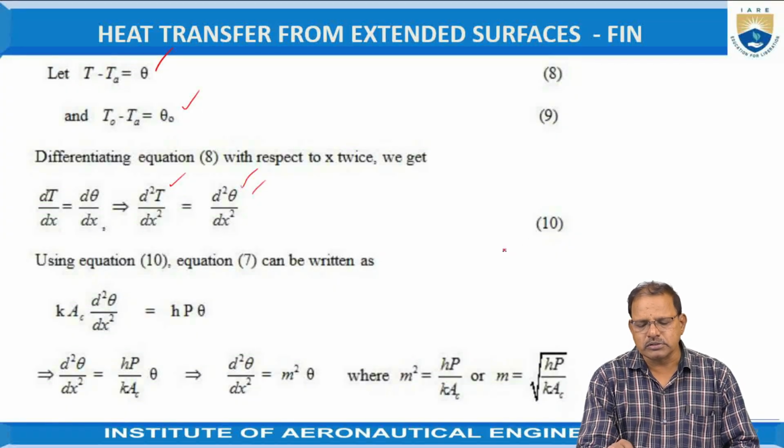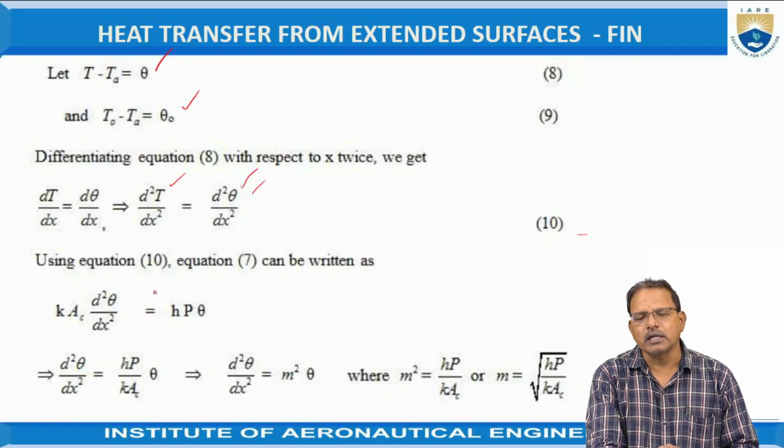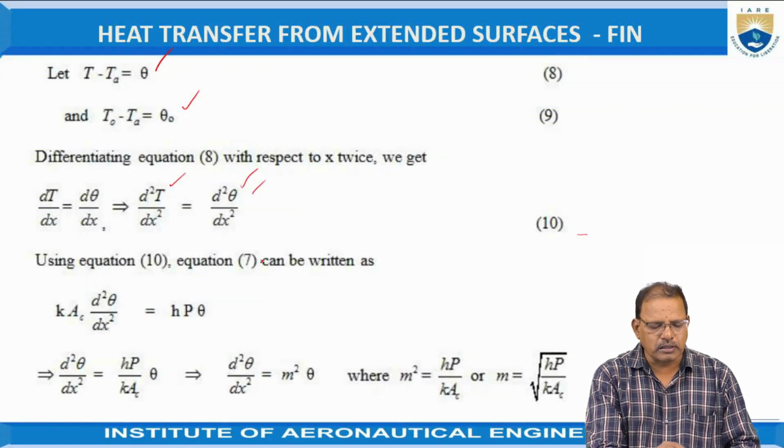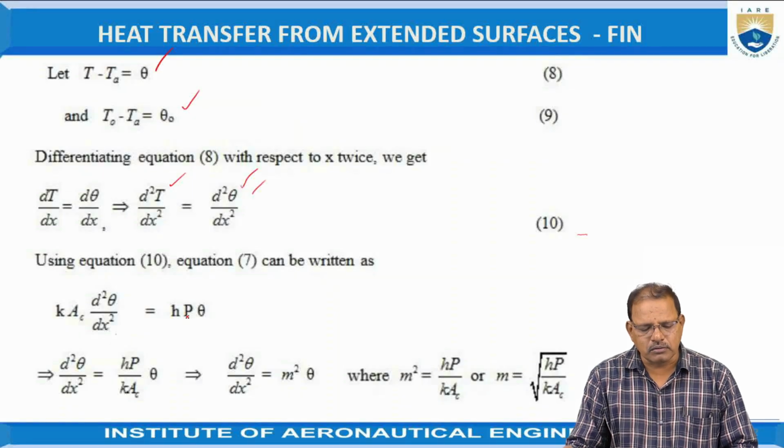Using equation 10, substituting this in equation 7, it can be written as k into Ac, earlier it was d²T/dx², now represented as d²θ/dx², which is equal to h into P into theta.